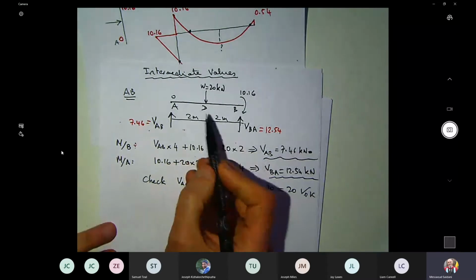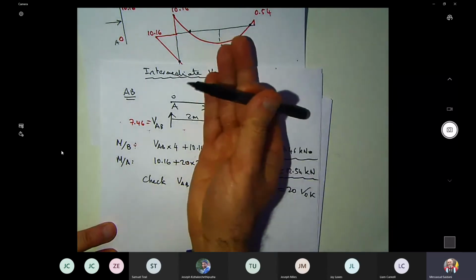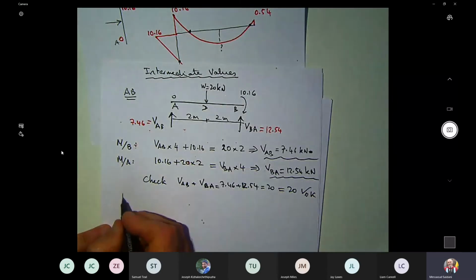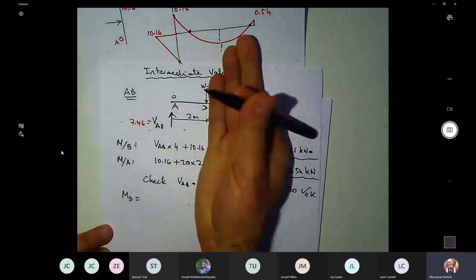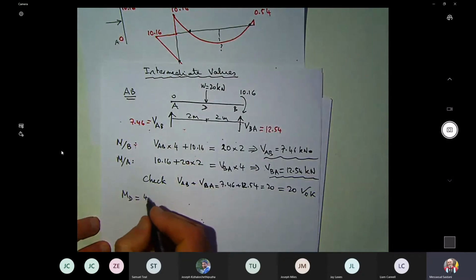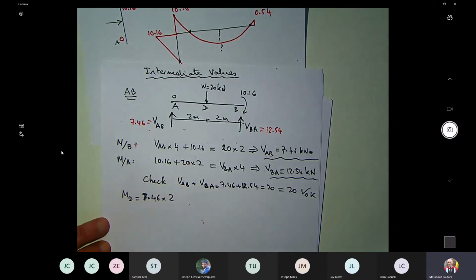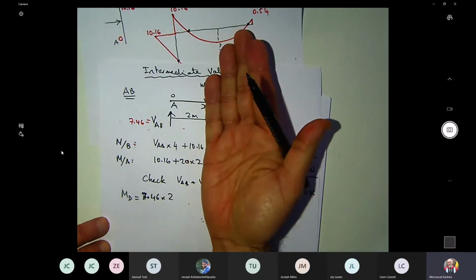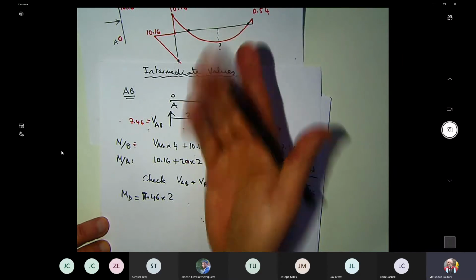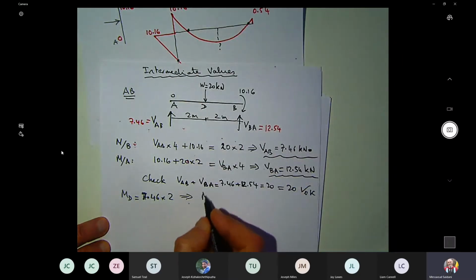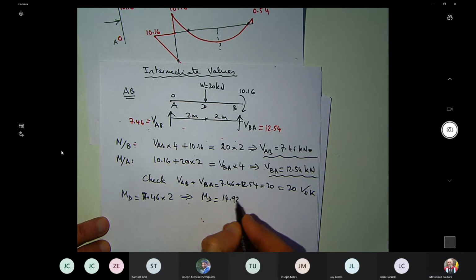Therefore, the moment at D, MD, will be 7.46 times 2. There is no moment at A, so it's 7.46 times 2. And that would be the moment at D. I've got 14.92.